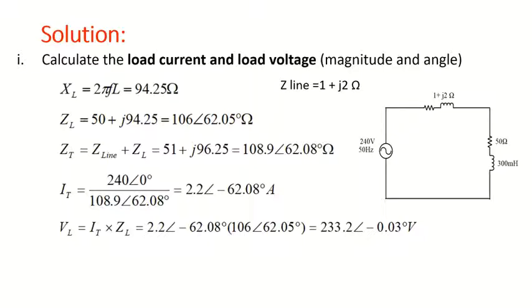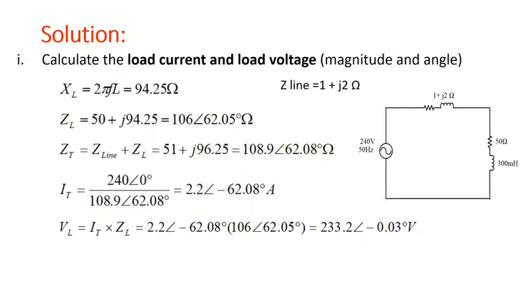The frequency f here is 50 hertz. Put the 300 milli inductance inside the formula, and you get the reactance of 94.25 ohms.